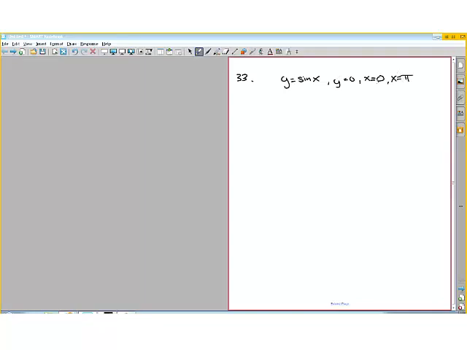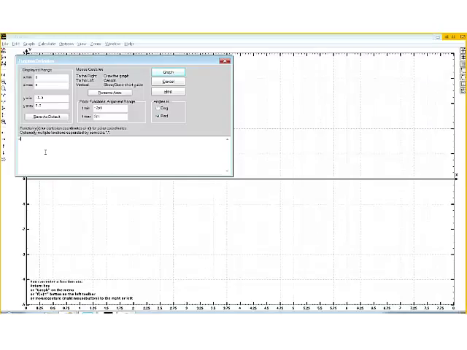So these are the two vertical lines. This is the x-axis. This is the function. So let's just plot it. So I'm going to change over to my graphing program. We're going to put in the function sine of x. We're going to go from 0 to pi.